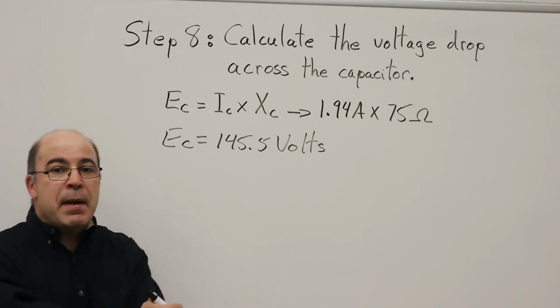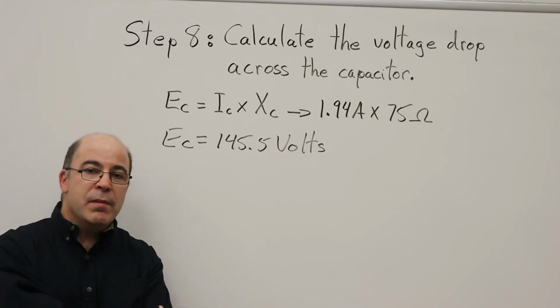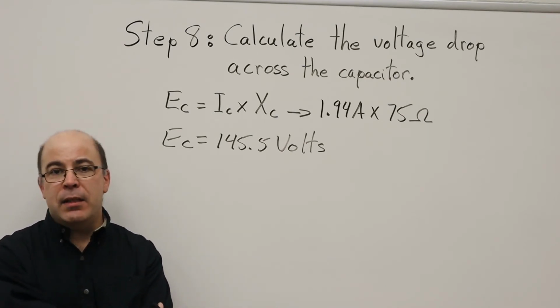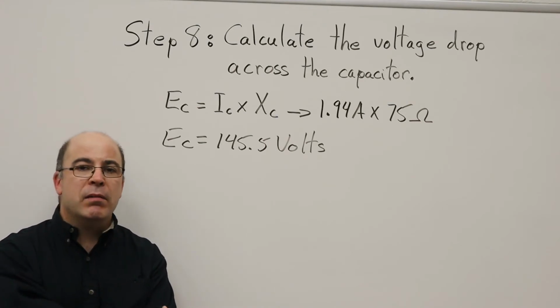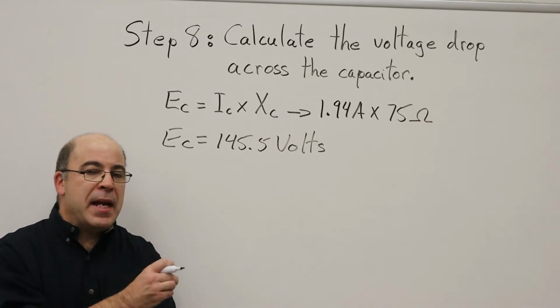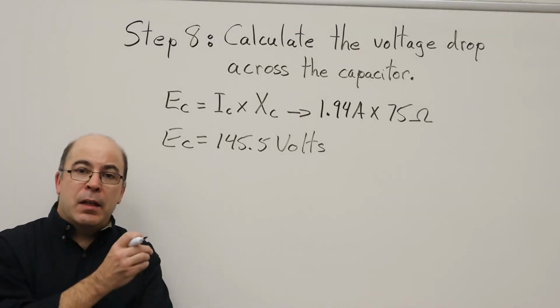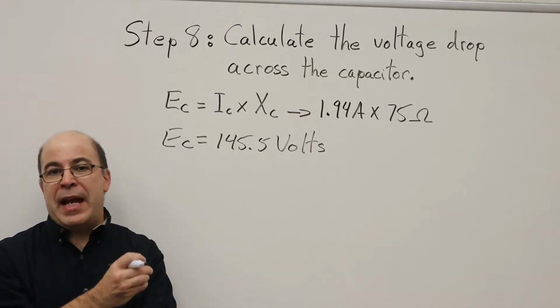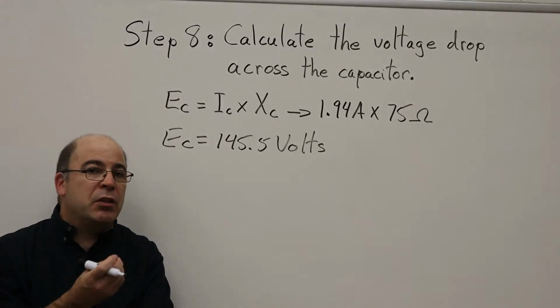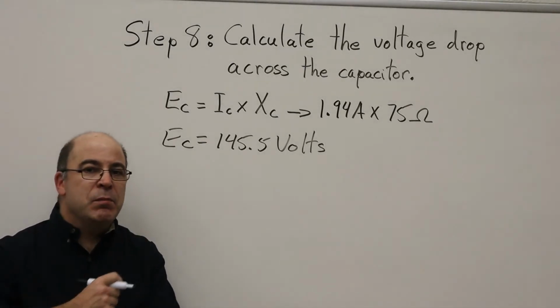Now, getting back to our calculations, we're going to move on to step 9, and that's calculating the amount of reactive power that the capacitor is generating. And yes, I said that correctly. Capacitors generate reactive power and inductors absorb it. So let's move on.